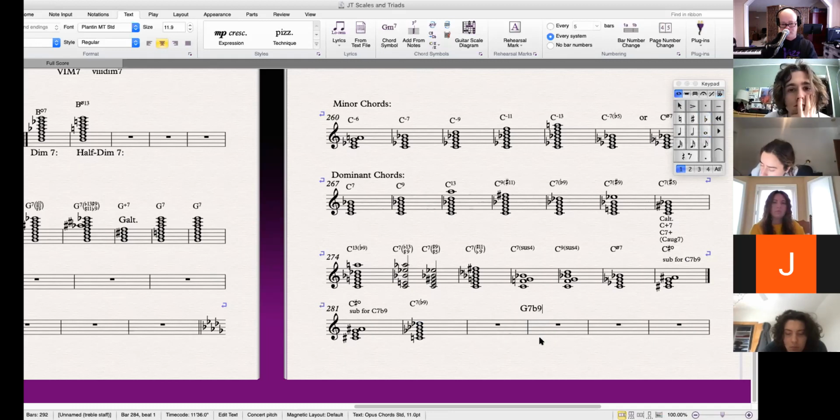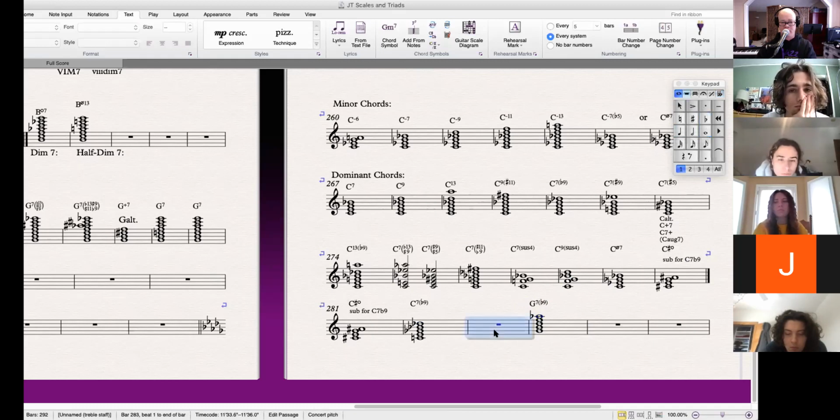G7 flat 9. Okay, so over here, now here's a little clue.